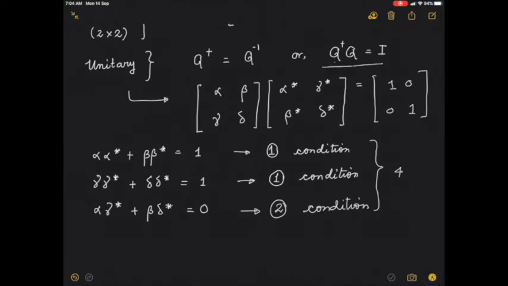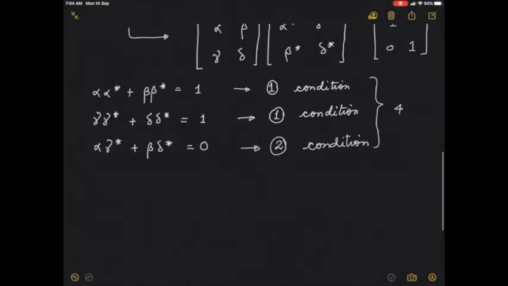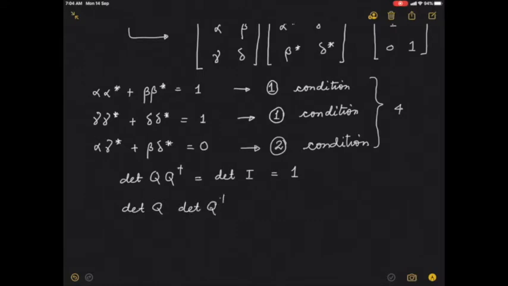Well, if I look at the determinant of this equation, I get determinant of Q Q dagger equals determinant of the identity matrix, which is essentially 1. And the determinant of Q Q dagger can be written as determinant of Q times determinant of Q dagger. So that equals 1.